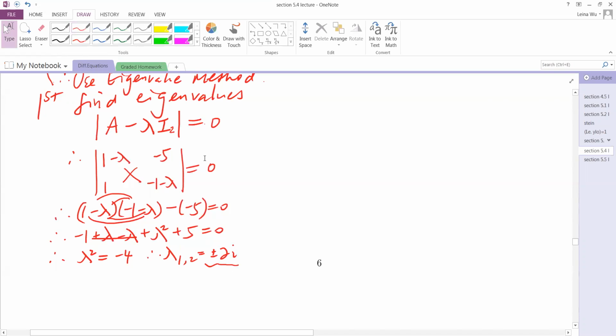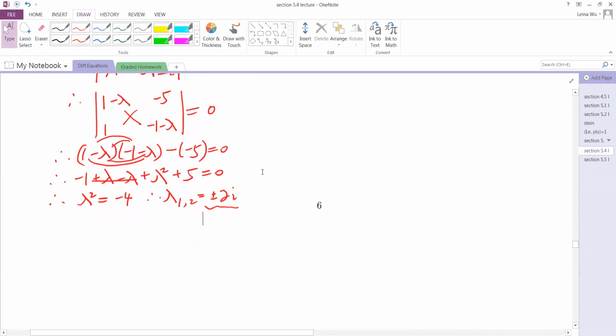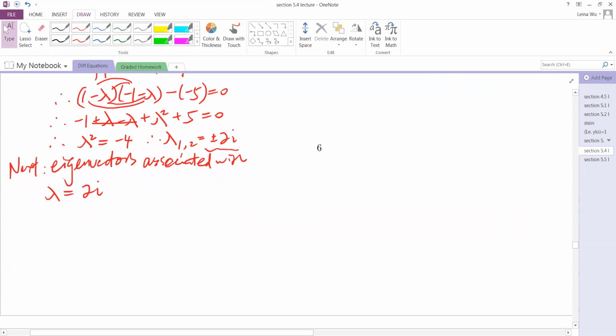All right, so let's see how we deal with these complex eigenvalues. Even though it's complex, we can just mimic what we did last time. Okay, so next, find the eigenvectors associated with lambda equals 2i. And we'll see a similar pattern for lambda equals negative 2i. So lambda 1 equals 2i, right?